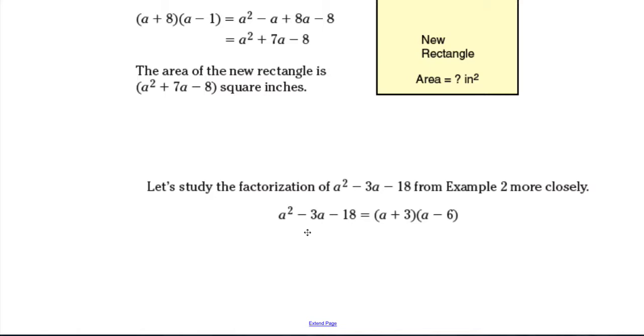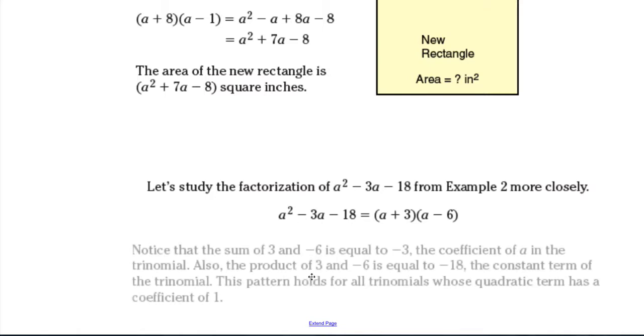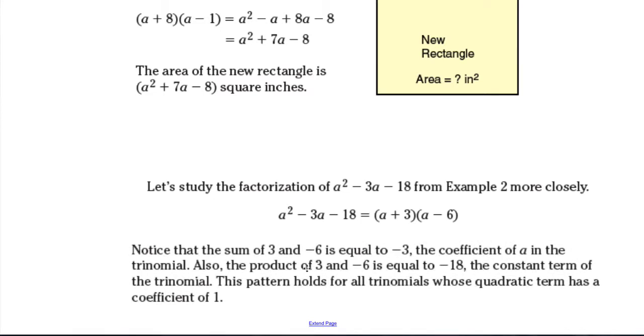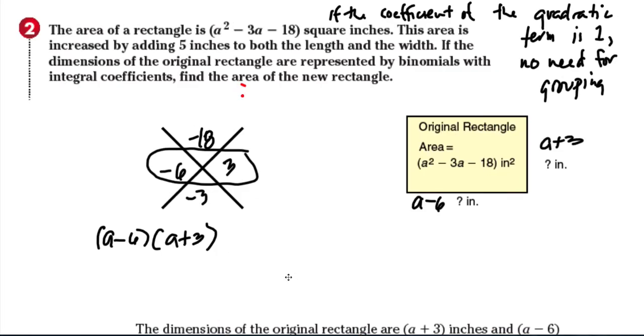After doing the x method, all you need to do is write them down as your factors. So notice this is the sum of 3 and negative 6. Well, that's basically what I just showed you up here. So if the coefficient is 1, after you create the x method, all you need to do is bring down the negative 6, bring down the 3, and write down the variable a, and you're done with factoring.